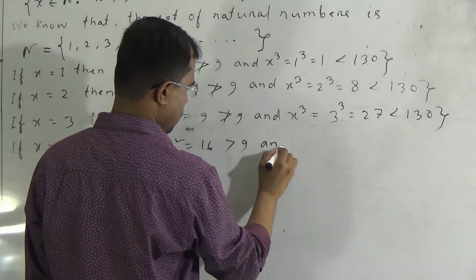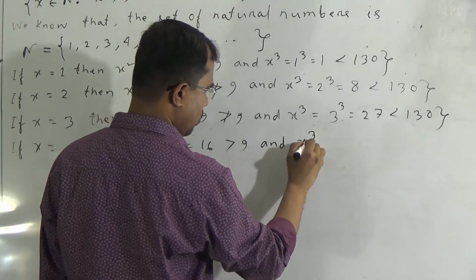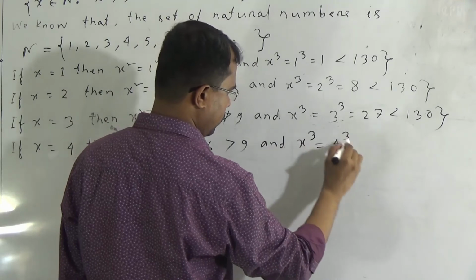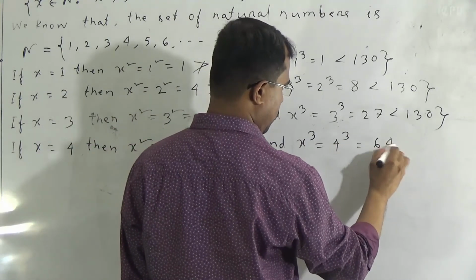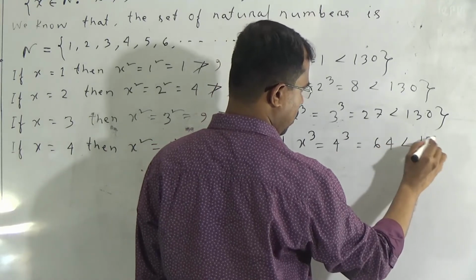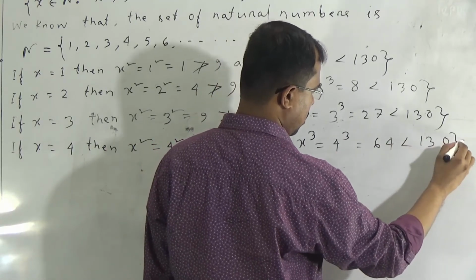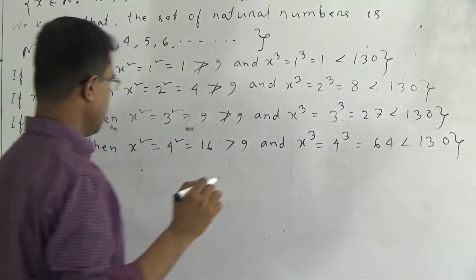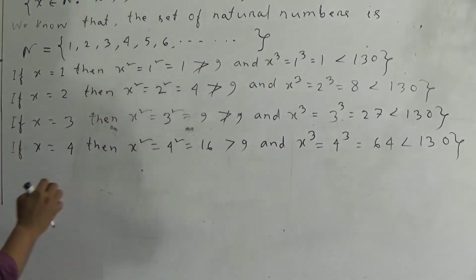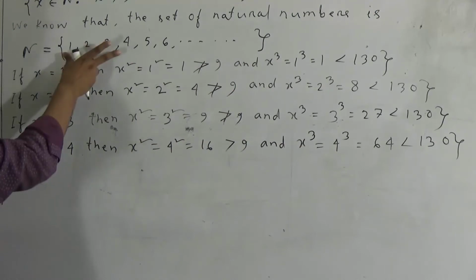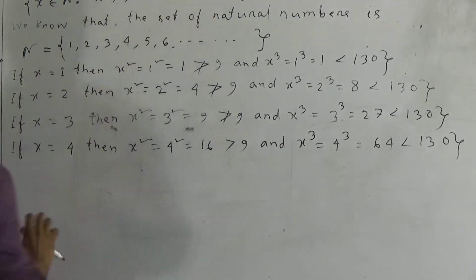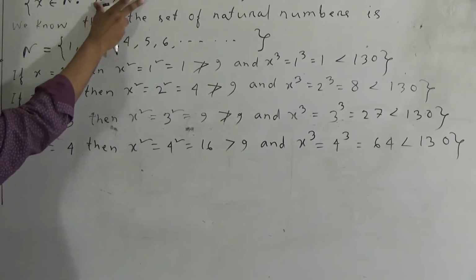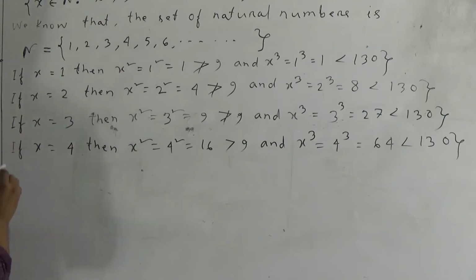And x cube is equal to 4 cube. 4 cube is equal to 64. And 64 is also less than 130. That means the element 4 comes from the set of natural numbers, it follows this condition and it also follows this condition. So we can take 4 as an element of this set.